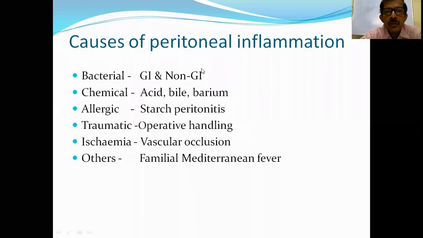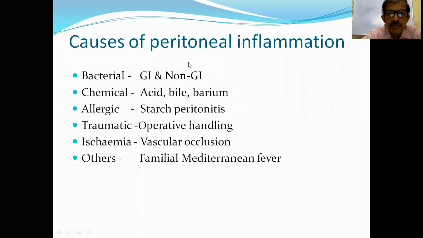Then chemical. Suppose a gastric or duodenal ulcer perforation is there. Acid will leak into the peritoneal cavity. It can cause chemical peritonitis, at least in the beginning. Then bile, due to any ruptured or perforated gallbladder.